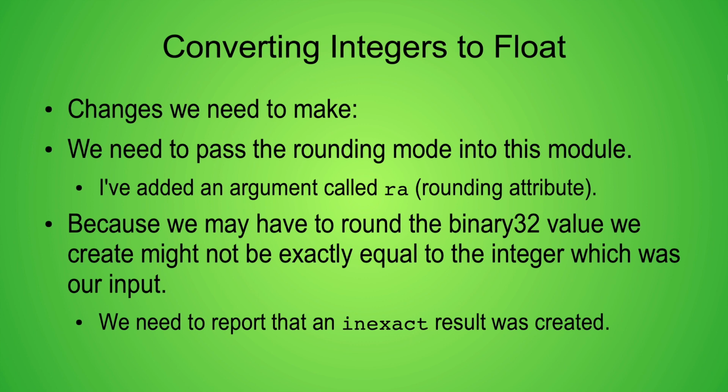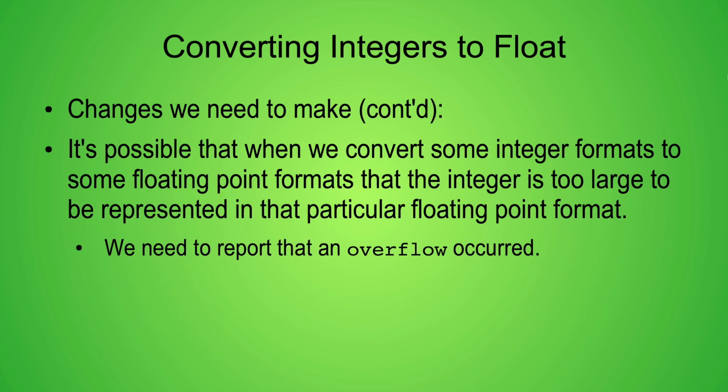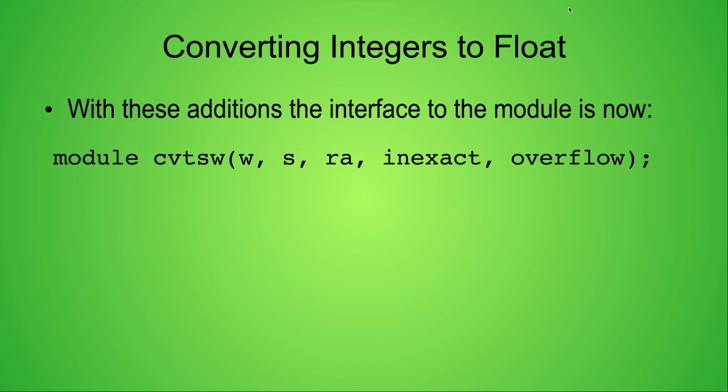We will notify the user of the loss of precision by setting the inexact flag. It's possible that when converting some integer formats to some floating point formats, the integer is too large to be represented as a normal number, and we will have to return either positive or negative infinity. This necessitates the ability to return an overflow flag. With these additions, the argument list now looks like this.